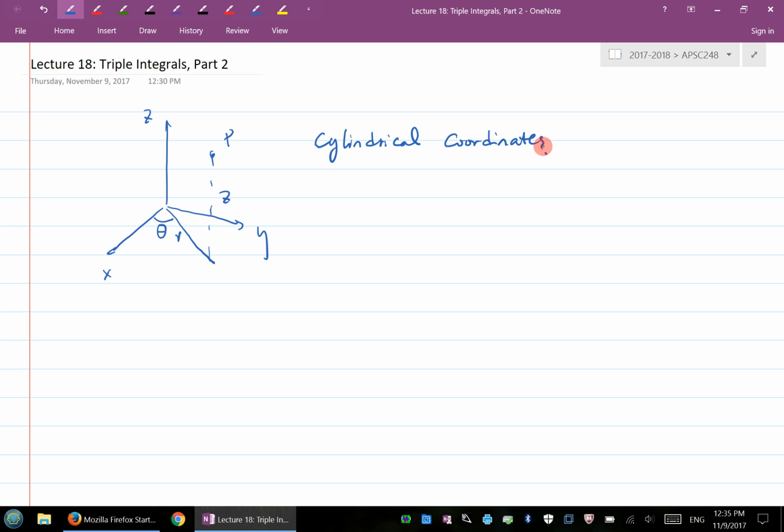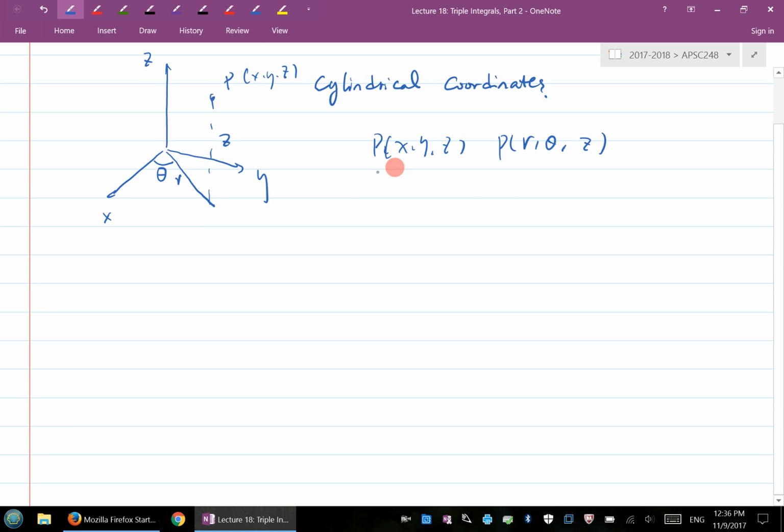Cylindrical coordinates, it's very similar to polar, except that you added one dimension. Basically, to describe this point P, we can describe that using either x, y, z, or using another set of variables, which is r, theta, z. As we can see, the r, theta is basically the same as polar, because x equals r cosine theta, y equals r sine theta, and z is still the z.